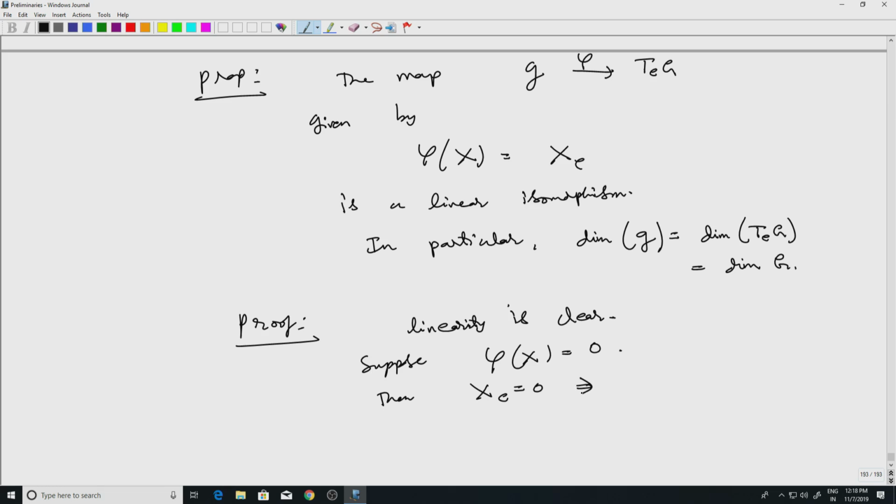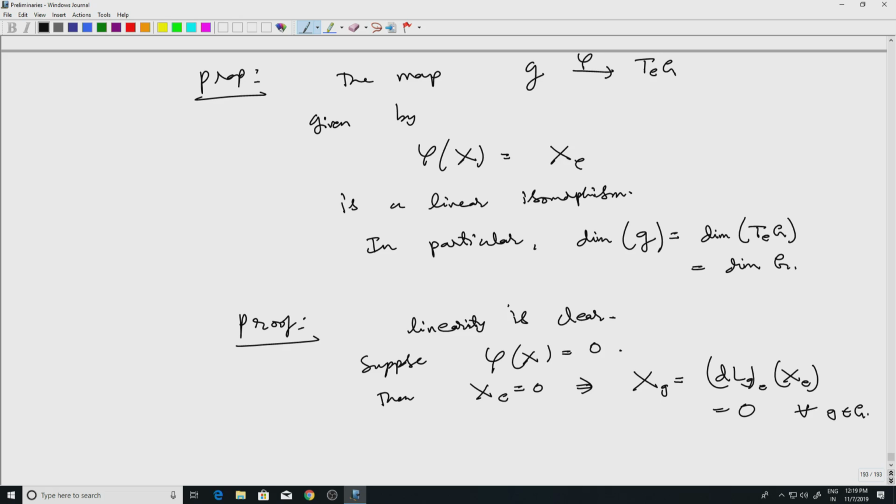Since x is left invariant, x at any point g is dlg of xe. This would also be 0 for all g. So this proves that only the zero vector field, which is also trivially left invariant, is the only one which gets mapped to 0, the zero tangent vector under this map.